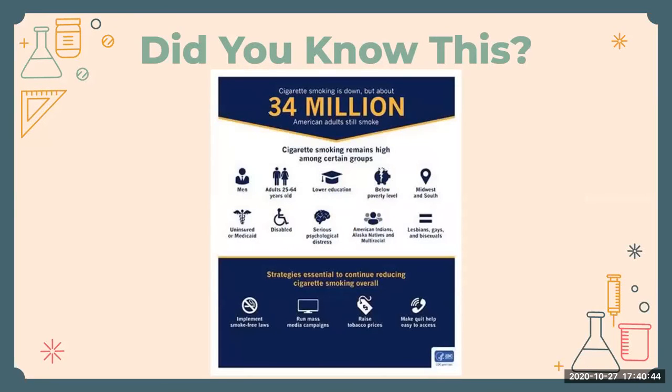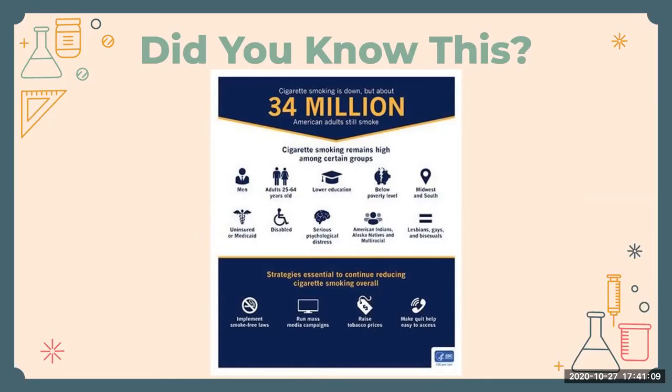Did you know this? Cigarette smoking is down, but about 34 million American adults still smoke. Cigarette smoking remains high among certain groups. Men, adults aged 25 to 64 years old, individuals with lower education, individuals below poverty level.